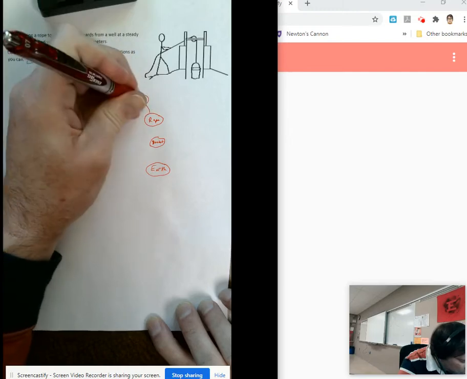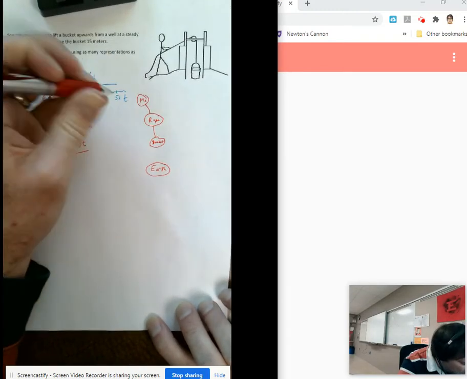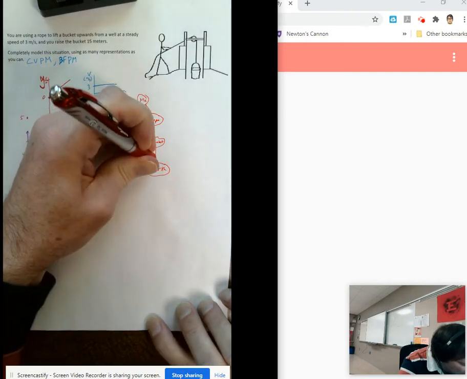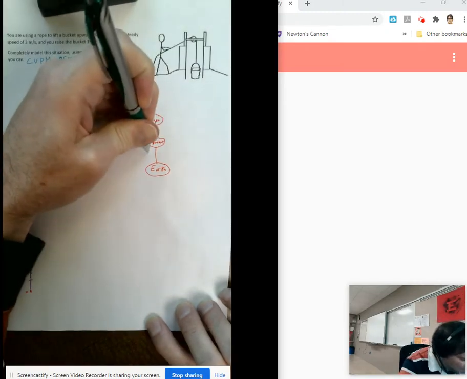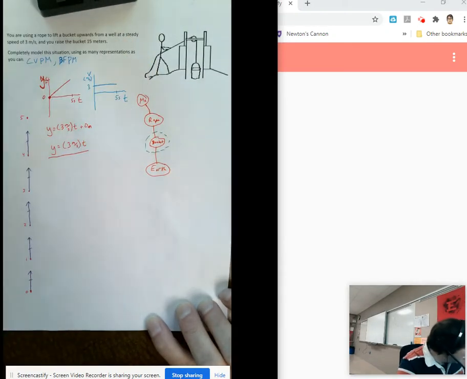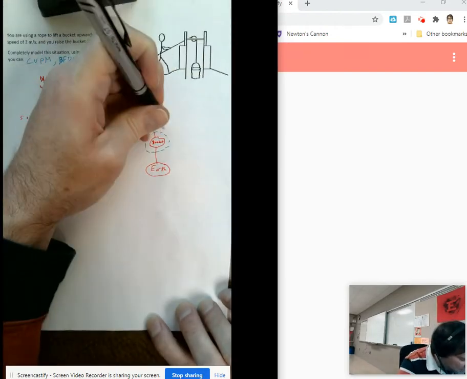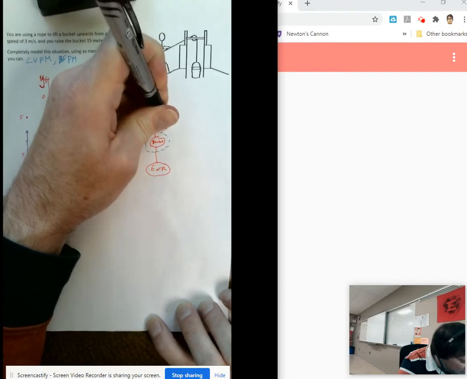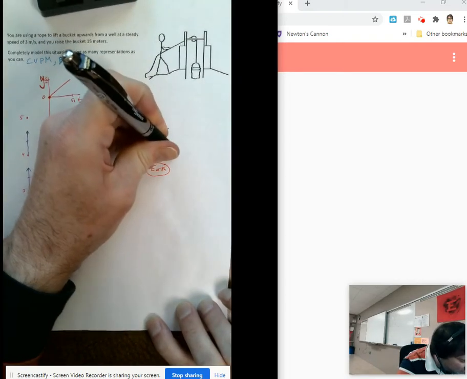I'm pulling the rope, the rope's pulling me, the rope and the bucket are pulling each other, Earth and the bucket. And what I'm really interested in here is thinking about what's happening to the bucket. And I'm thinking the force between the rope and the bucket is what I would call a tension force. The bucket and the Earth is a gravitational force.